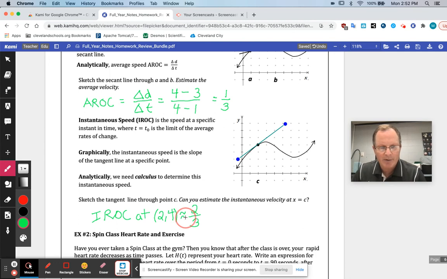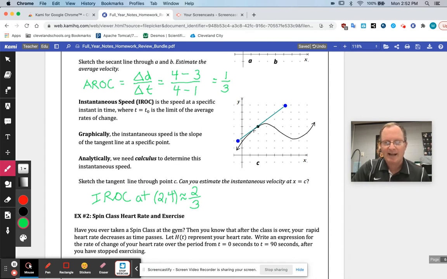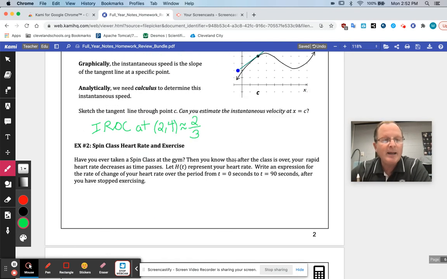So I'm going to put little squiggles there for approximately 2/3. All right, that'll work. And we don't know exactly. We'd have to do some additional work to find out exactly what that is, and that'll happen later on in this class. All right, example 2.